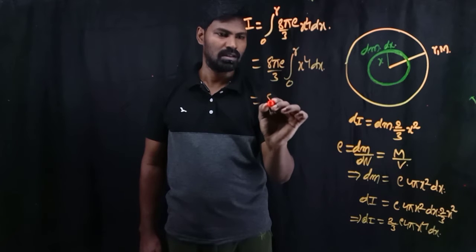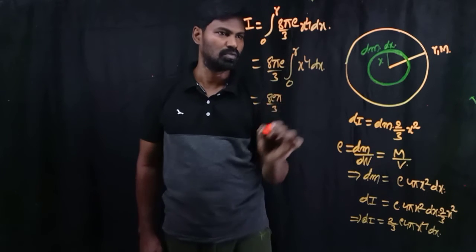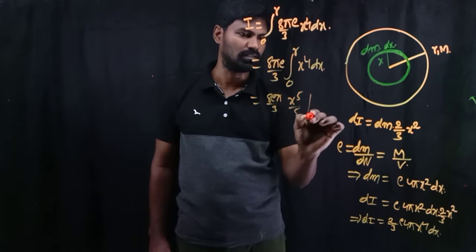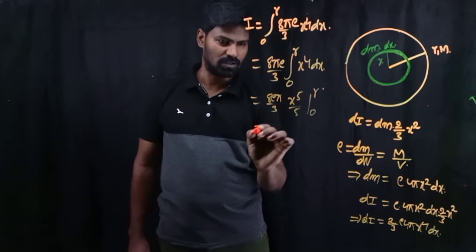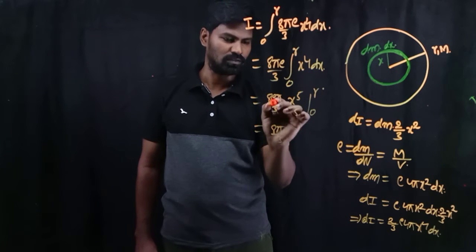That is equal to 8 pi rho divided by 3 into x to the power 5 divided by 5, with limits 0 to r. What is rho?